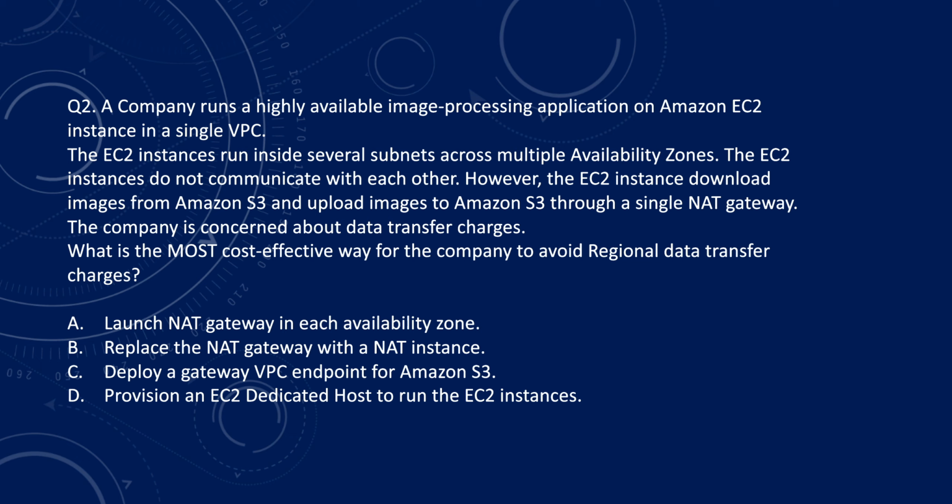They do not communicate with each other, but they download images from S3 and upload images to S3 through a single NAT gateway. The company is concerned about the data transfer charges. What is the most cost-effective way to avoid regional data transfer charges? So we have seen our correct option is option C, which is deploy a gateway VPC endpoint for Amazon S3.